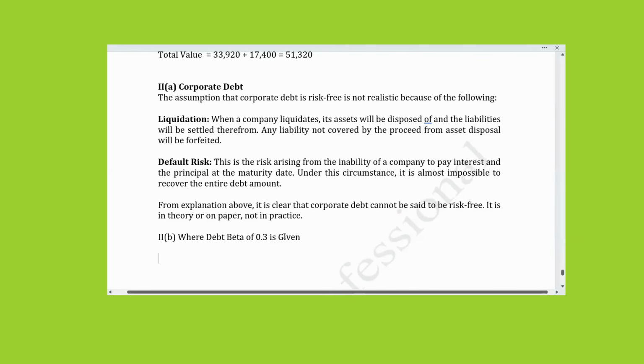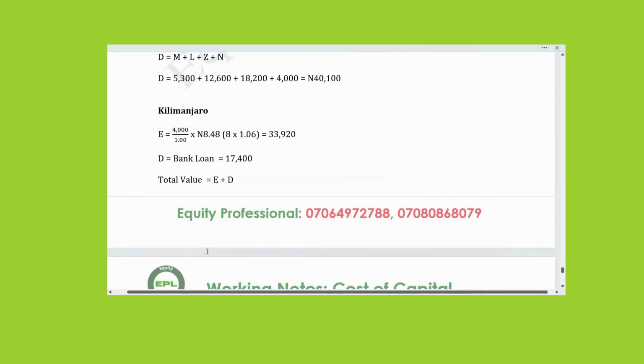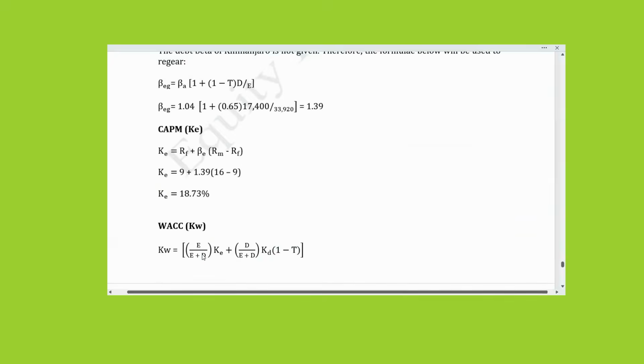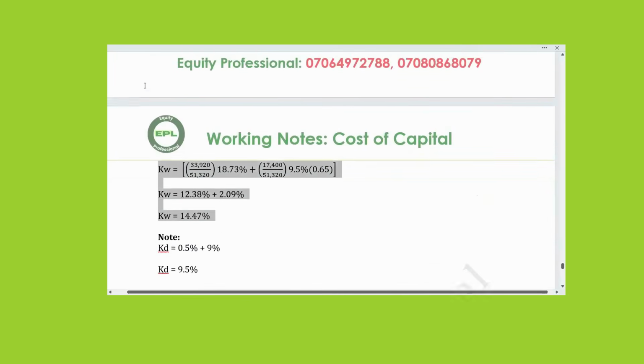Therefore, we need to recalculate our WACC and see the impact of a debt beta on the WACC. So let me just copy the one we have done before, so that it will be faster. Let me copy all of this.